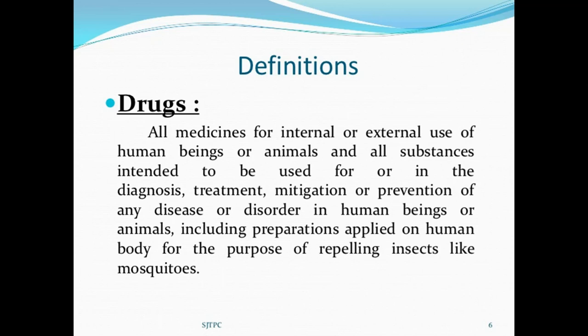Drugs are all medicines for internal or external use of human beings or animals, and all substances intended to be used for or in the diagnosis, treatment, mitigation, or prevention of any disease or disorder in human beings or animals, including preparations applied on the human body for the purpose of repelling insects like mosquitoes also. This is a brief definition of drugs.